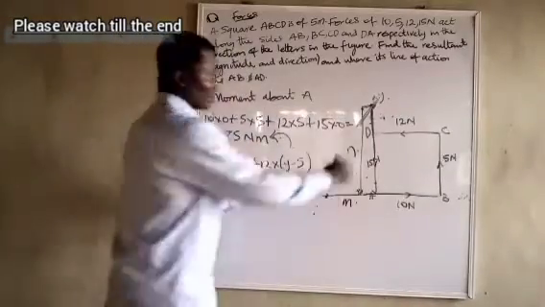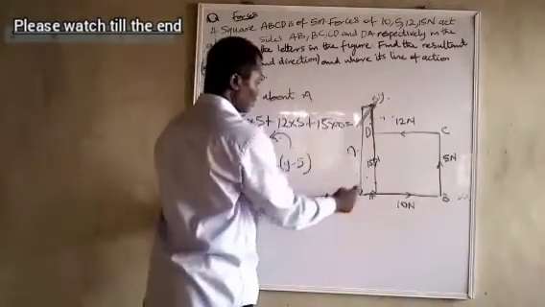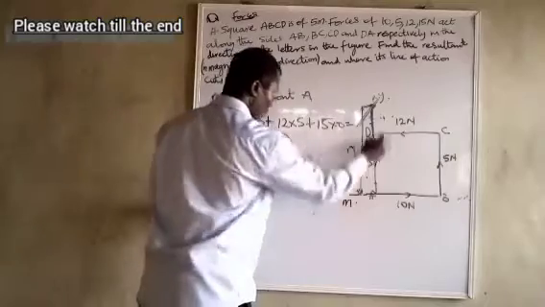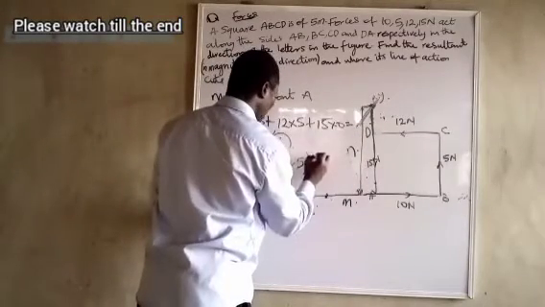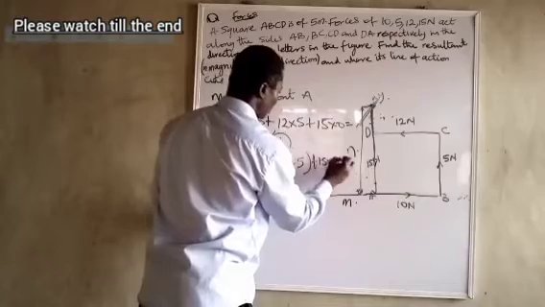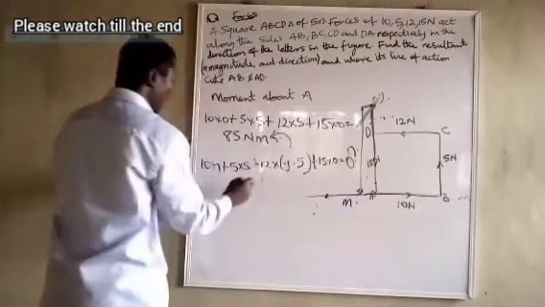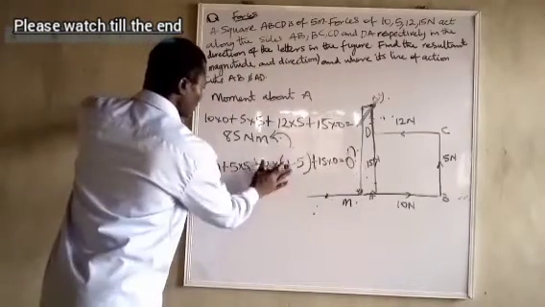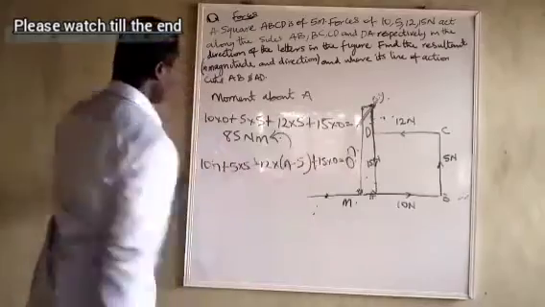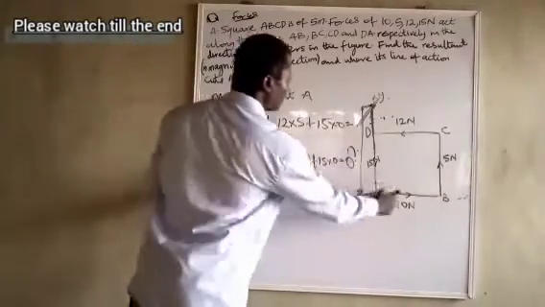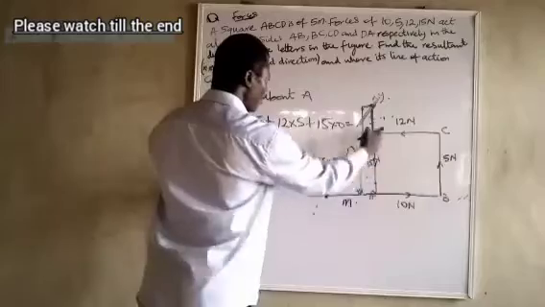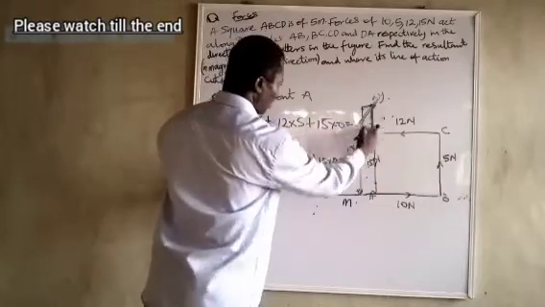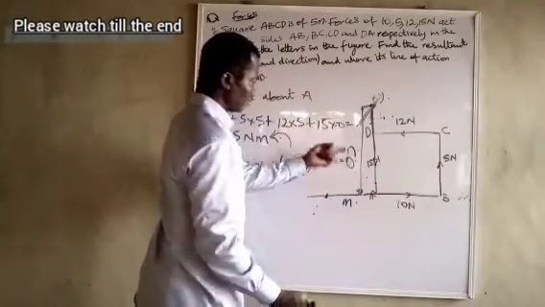I hope you are getting it. This one will give us clockwise moment about the space. This one will not give us anything because its line passes through y, plus 15 times 0 is equal to 0. So it will be 10n plus 5 times 5 minus 12 times n minus 5, because from here to there it will be n minus 5, plus 15 times 0 gives me 0.